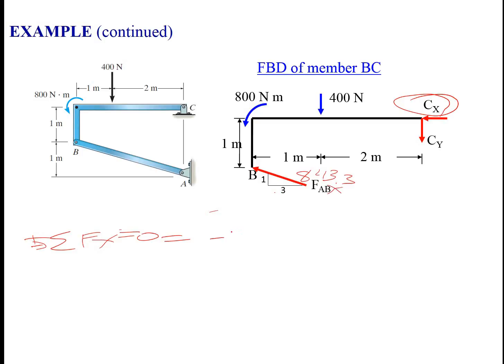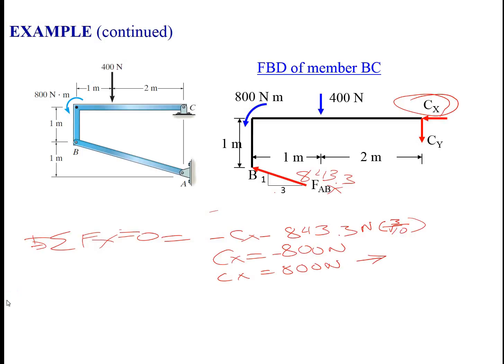So we're going to say negative CX minus 843.3 newtons times, remember we're in the x direction, so it's 3 over the square root of 10, and that gives us that CX is equal to 800 newtons, and it actually gives us a negative number, so we assumed CX wrong, so we could just say CX equals 800 newtons to the right instead of the left.